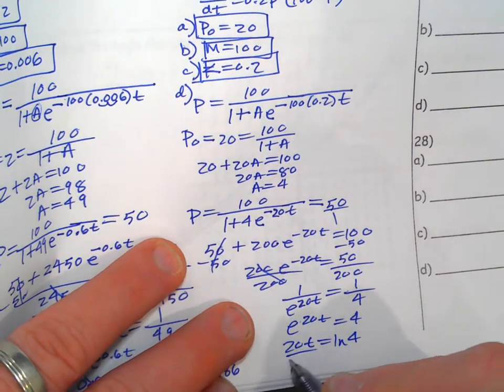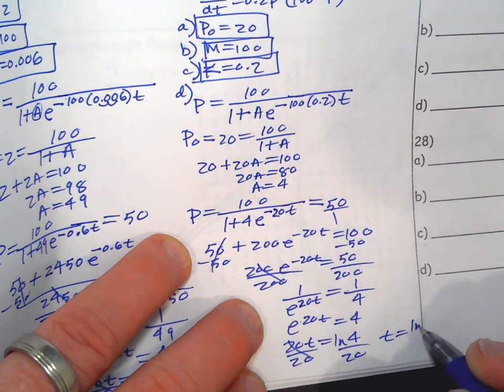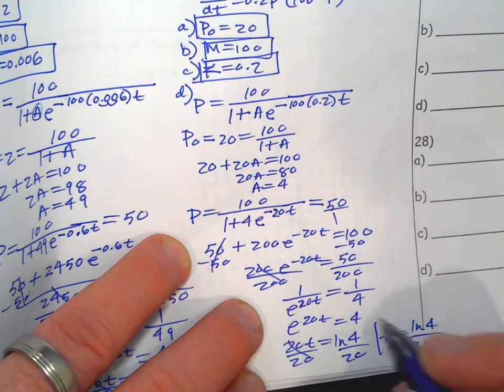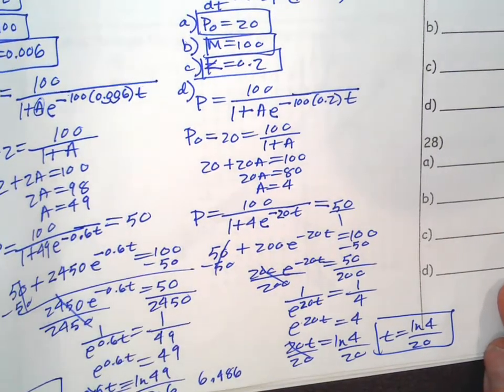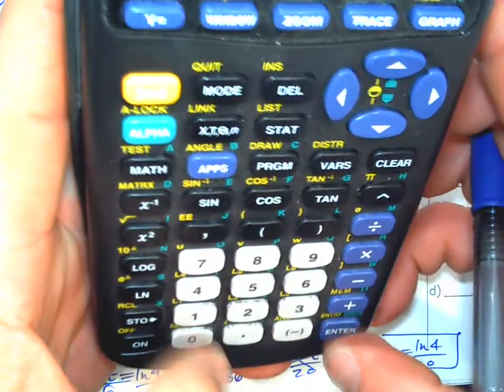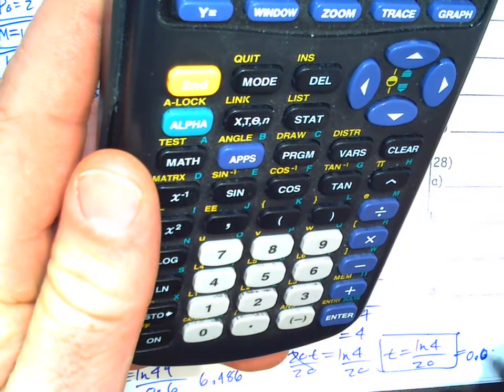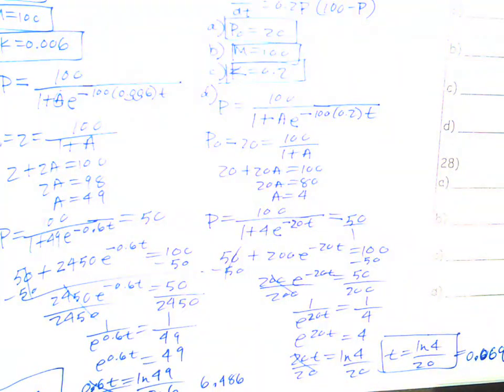I'm going to divide by 20. So t equals natural log of 4 over 20 is my answer. And just double checking, natural log of 4 divided by 20 is 0.069, which is the same answer I got the other way.